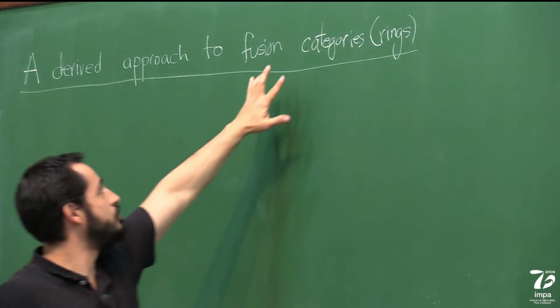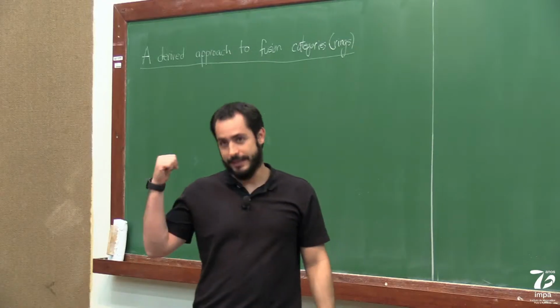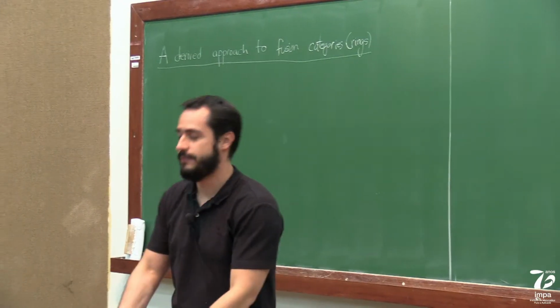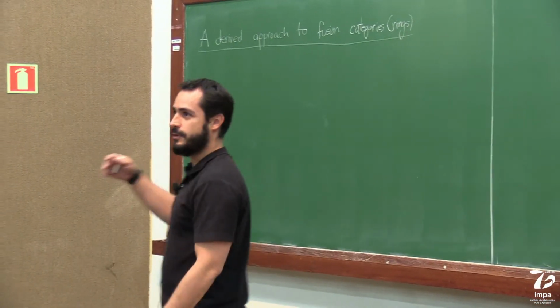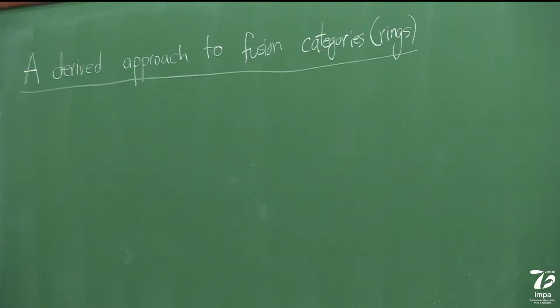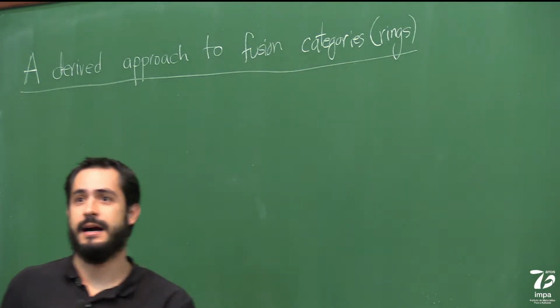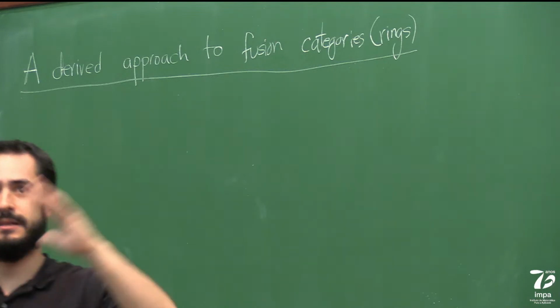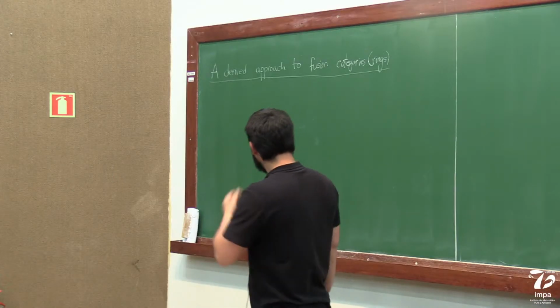That was really nice because this category is related with quantum groups and all of this stuff. You can construct invariants for three-manifolds, for knots, and so there are some topological applications. For that reason, some people want to understand this. And right now, too many people are working on this because this is like an analog of group theory, but at the categorical level.